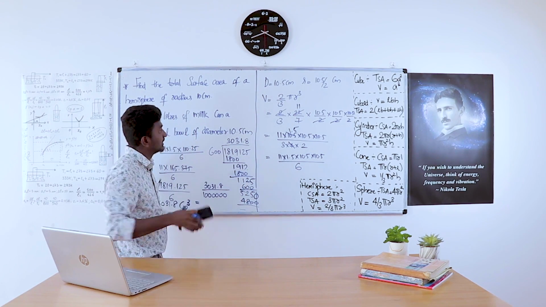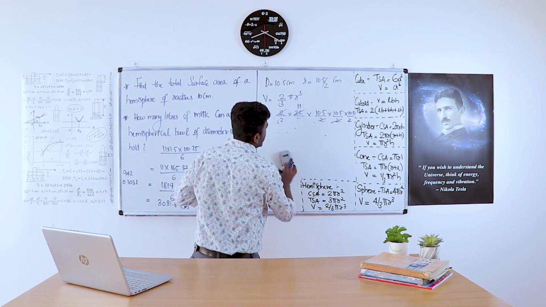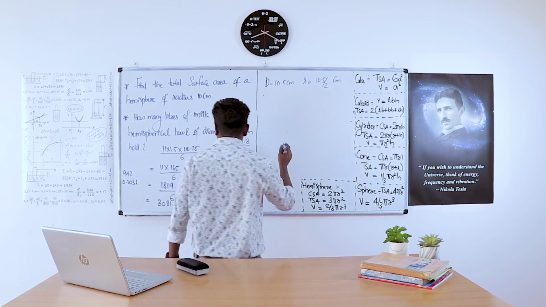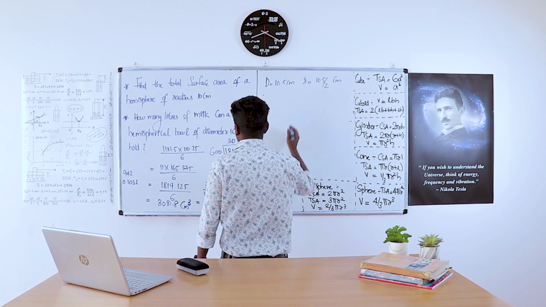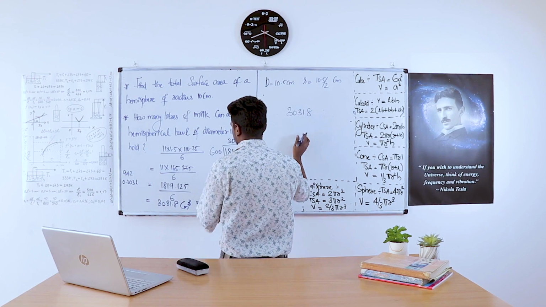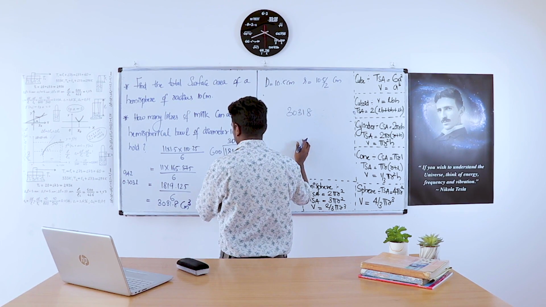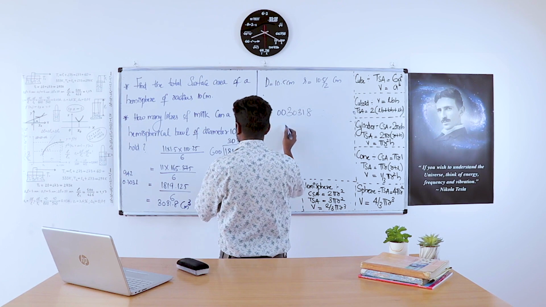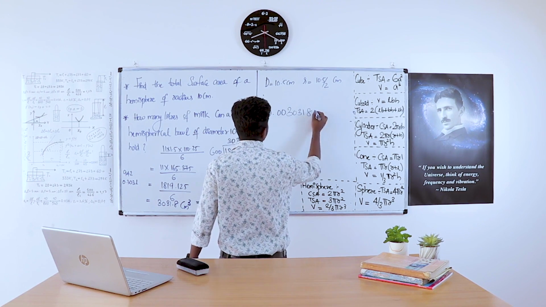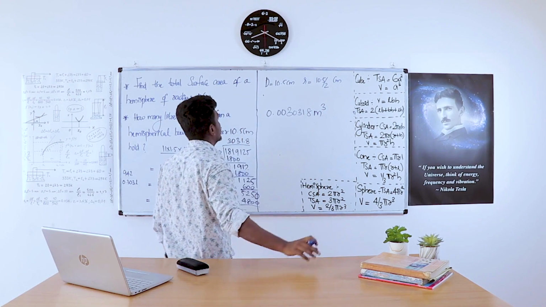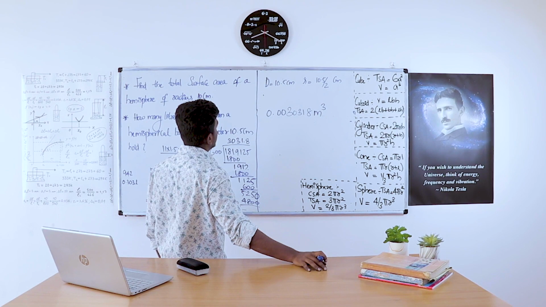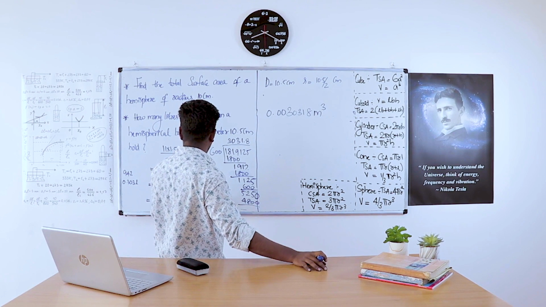So the answer becomes 0.003031, right? 1, 2, 3, 4, 5, 6.